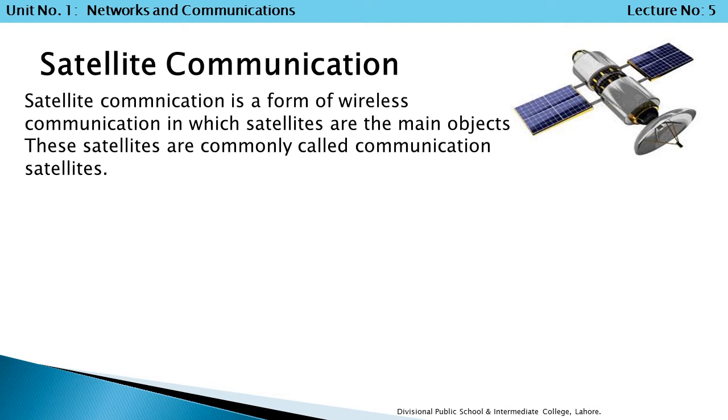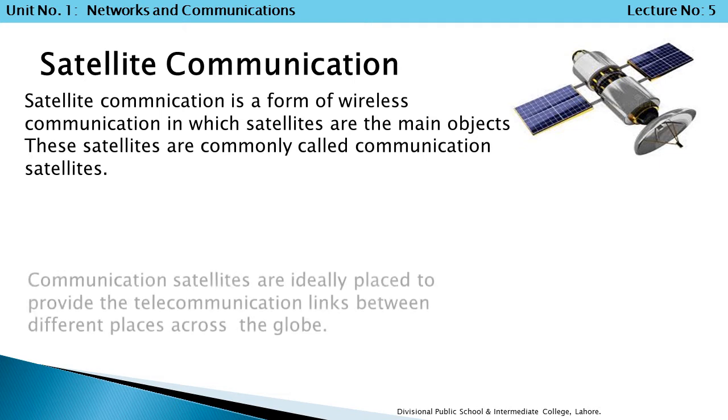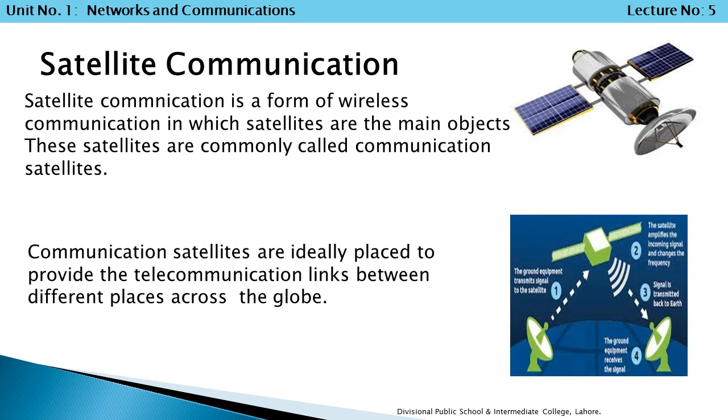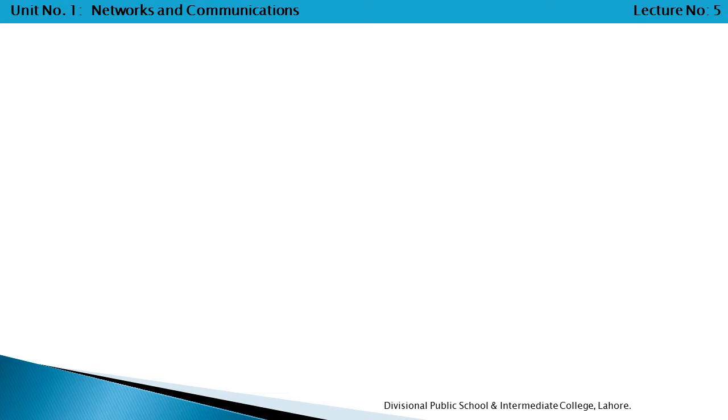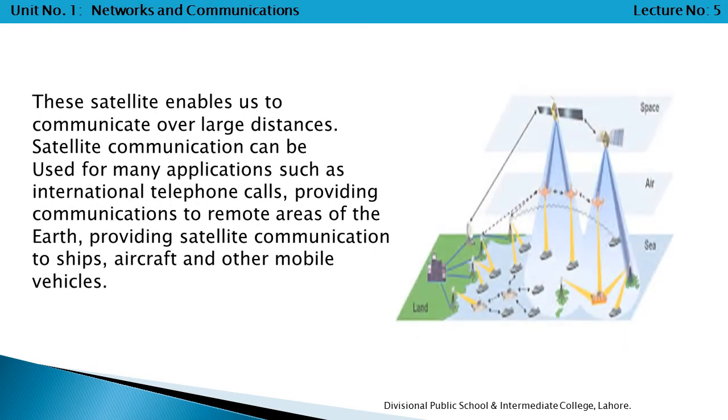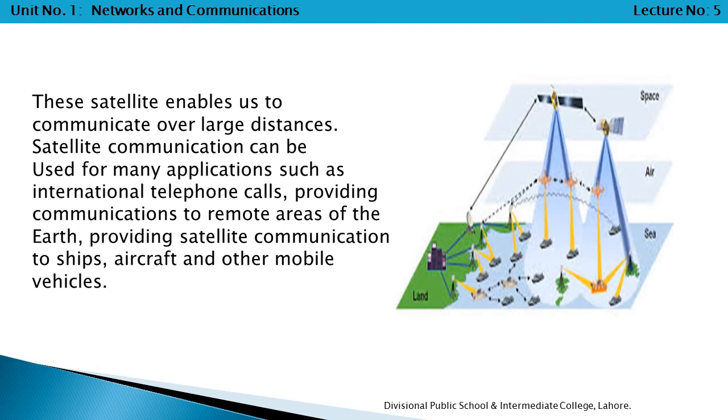It is the use of artificial satellites to provide communication links between various points on the Earth. Communication satellites are ideally placed to provide the telecommunication link between different places across the globe. These satellites enable us to communicate over large distances.